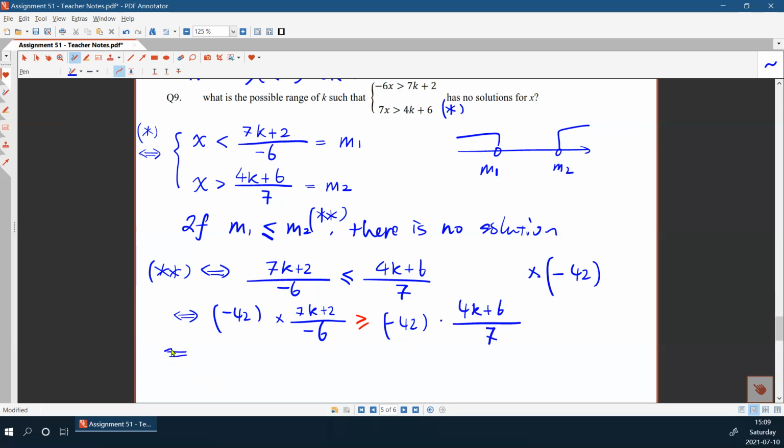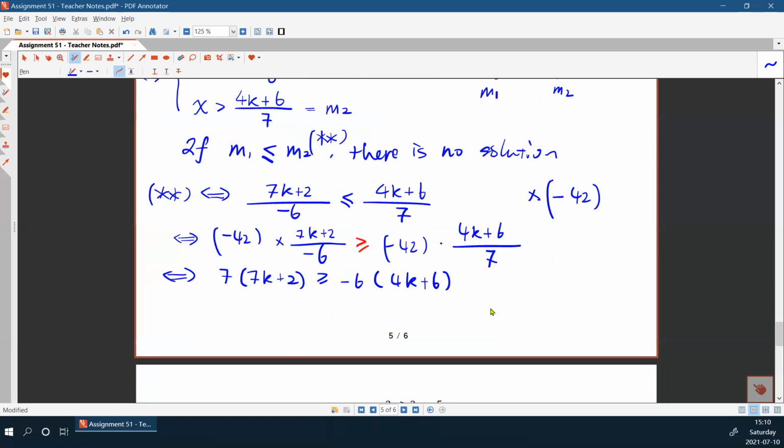Okay, and this is equivalent to, you can then simplify both sides. 7 times (7k plus 2) greater than or equal to minus 6 times (4k plus 6), right?